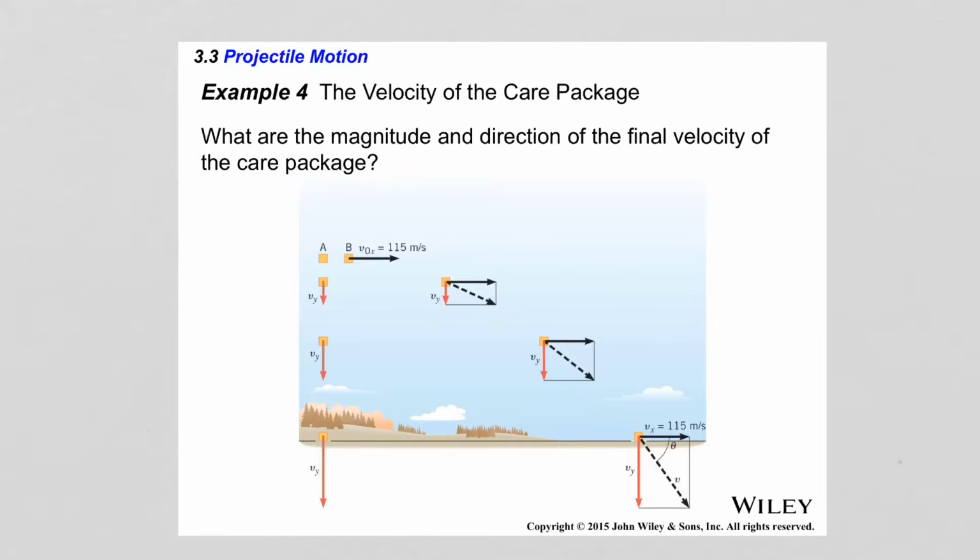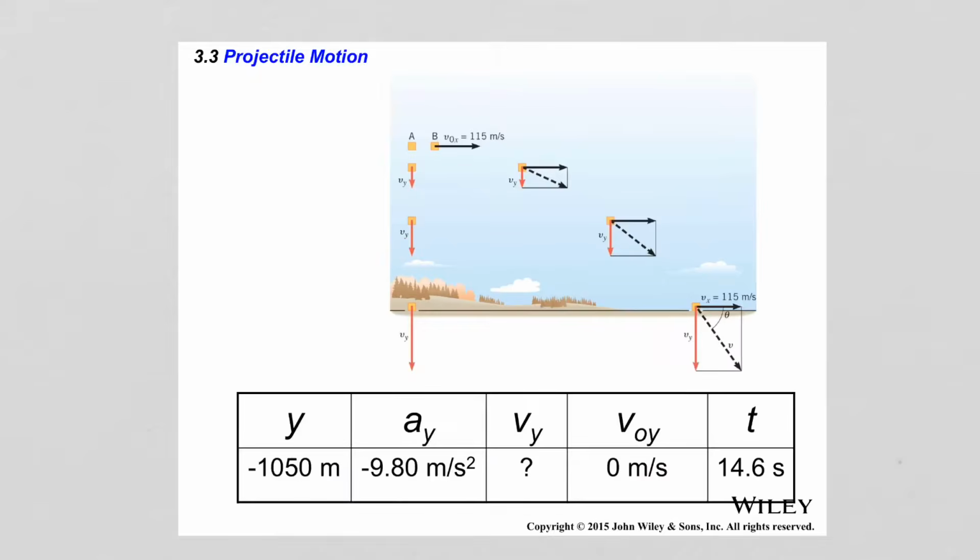So the care package horizontally is moving with constant horizontal velocity of 115 meters per second. But vertically the velocity increases from 0 to some final value, which can be calculated now that we know the time for the fall to the ground. So again, I have my table with the kinematic variables. I know the vertical displacement, the acceleration in vertical direction, the initial vertical velocity, and the time of the fall.